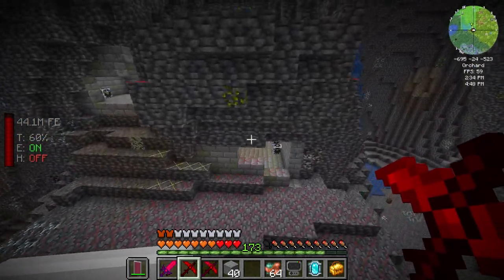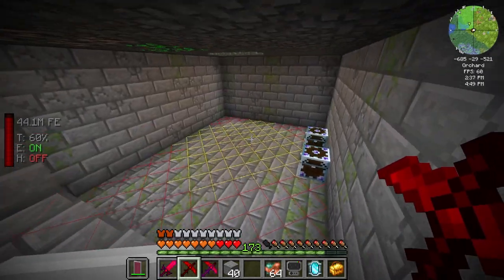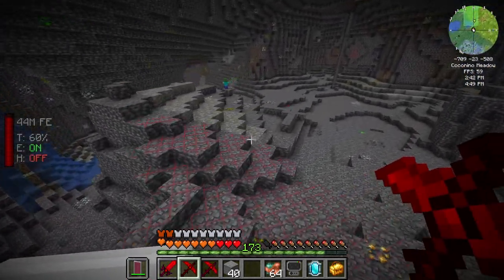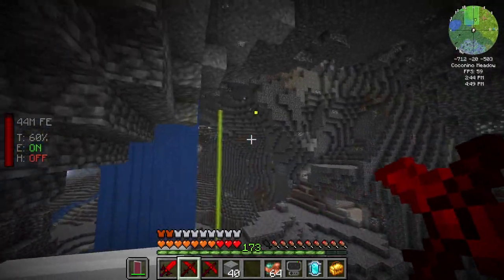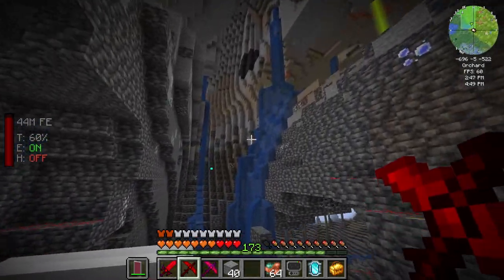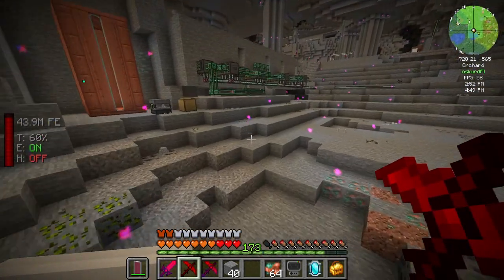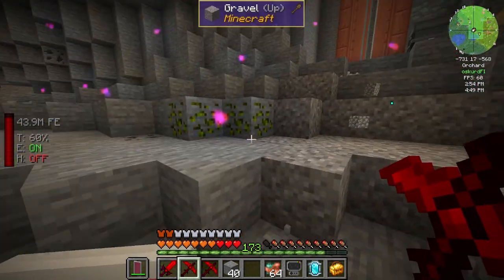Oh, and here we had a few random spawners which just spawned one mob and then I just slayed it, and it wasn't very challenging. But these just keep going and going and going. I like these updated caves that we have in Minecraft. They look so impressive.